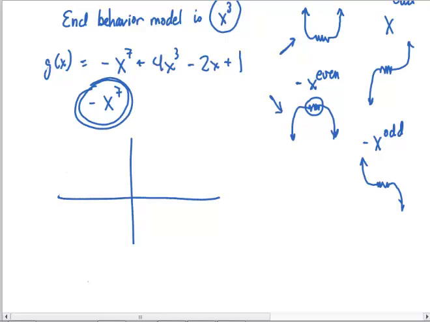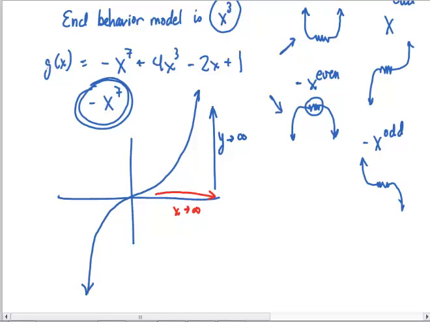Negative x to the 7th would look like this function, and as an end behavior model using a limit statement, as x goes to infinity, the y value is heading to infinity. The way you write that is, the limit as x goes to infinity of g of x equals infinity. You don't give the arrow for that.